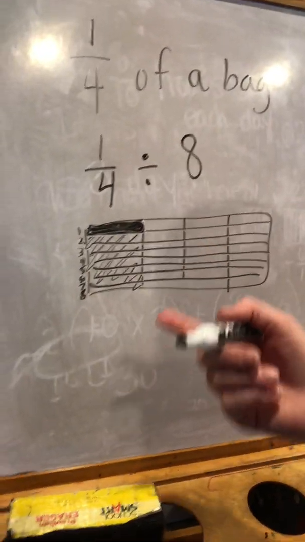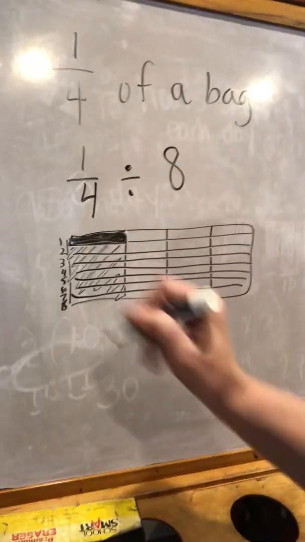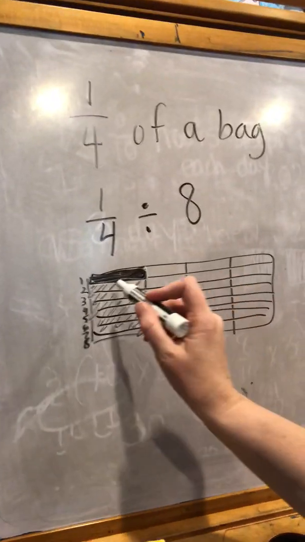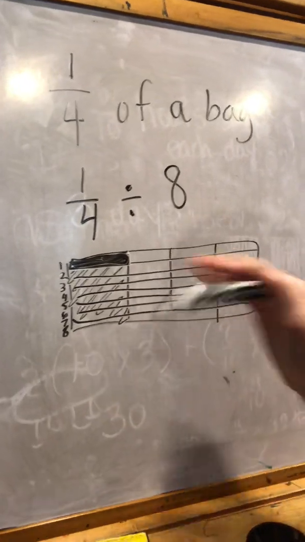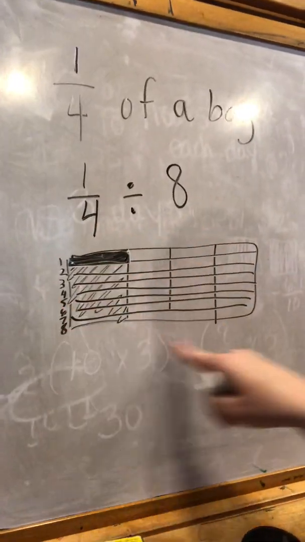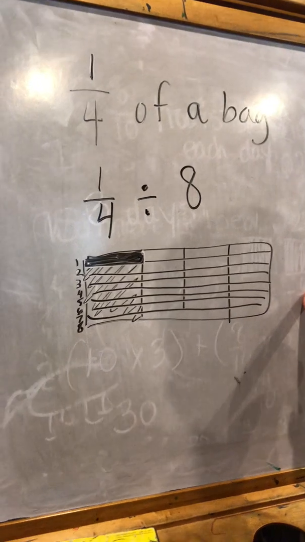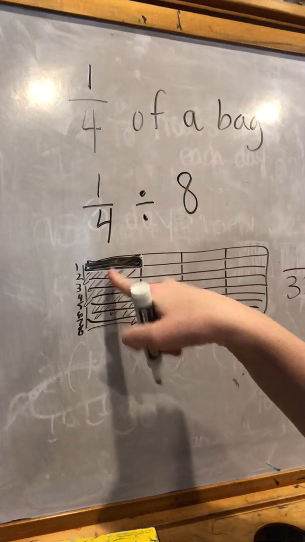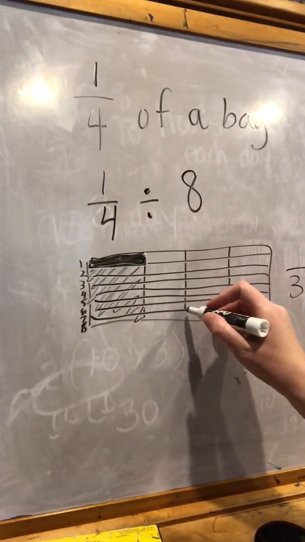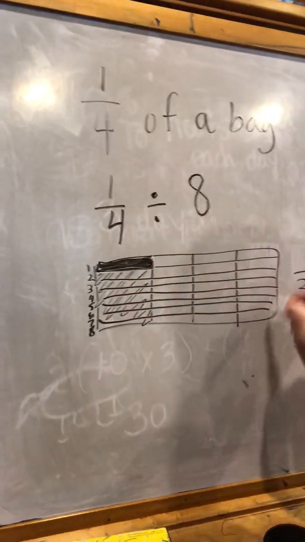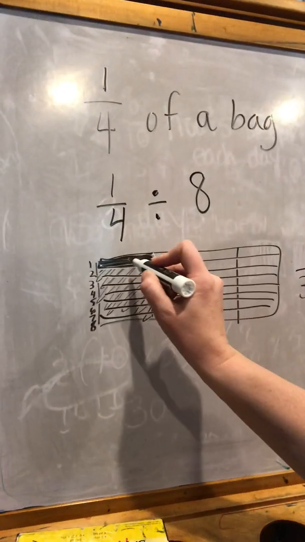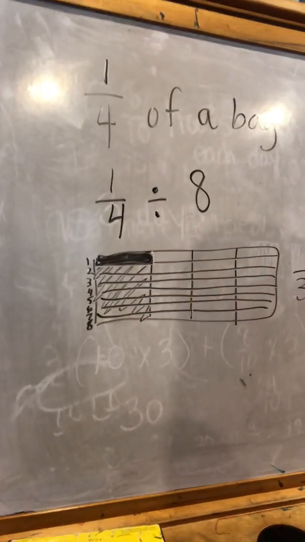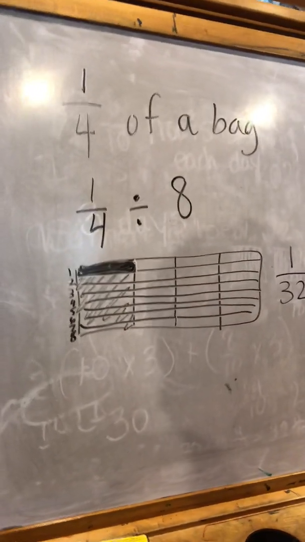So the question I asked you was, how much of the bag is going into each duck's bowl? Well, when I had to break those fourths up into 8 parts, what I actually did is turn this whole bag of feed into 32nds, because I know that 8 times 4 gives me 32. So now I'm dealing with 32nds, and only one of those 32nds is going to go into each of those bowls.